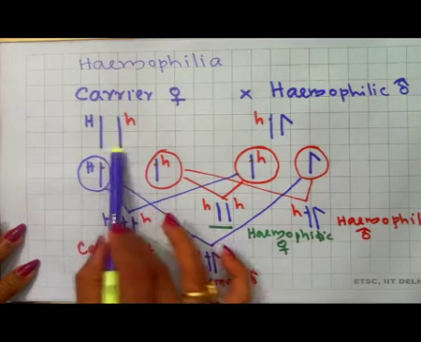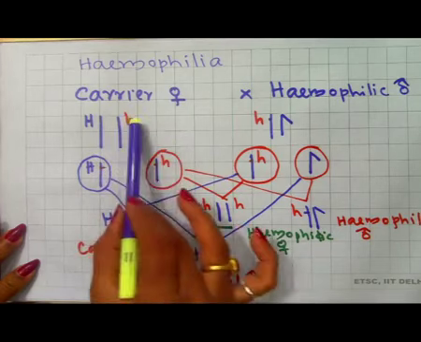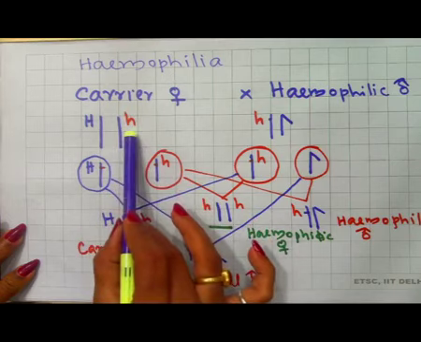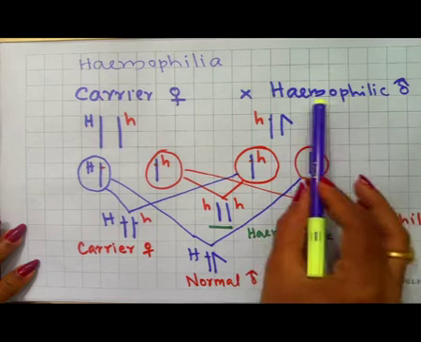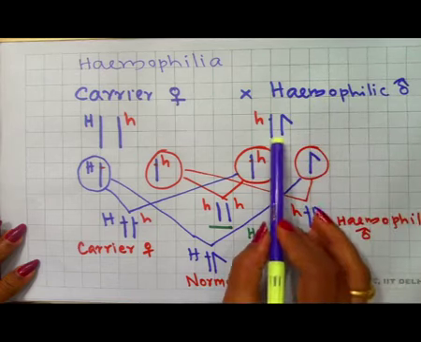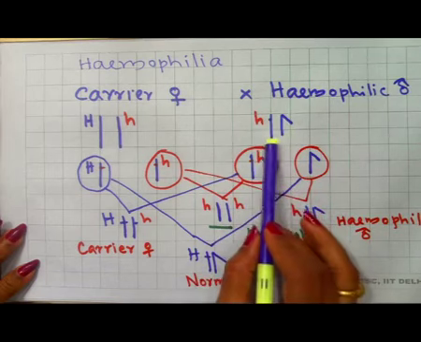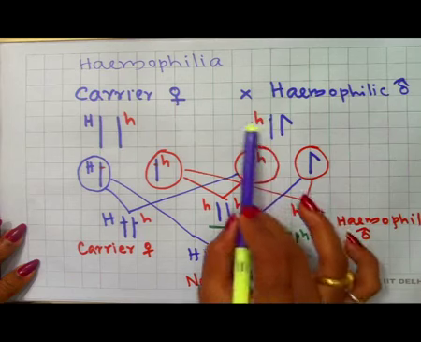This is the carrier female with small h gene for hemophilia. Hemophilic male, we can assume this as living. It possesses a single allele.